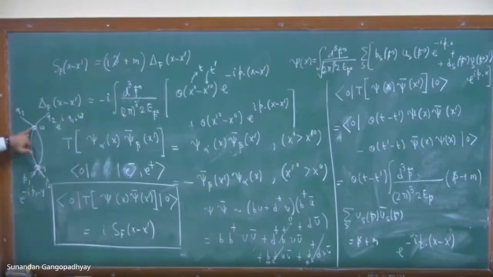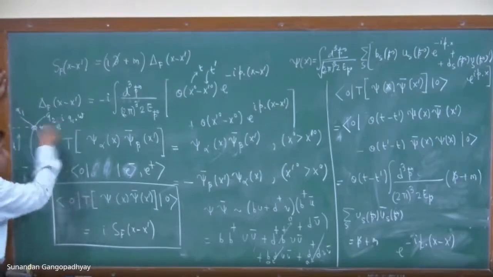This is the time direction. If I separate it by planes, this line is on the upper side of the plane and this line is on the lower side. On the lower side I use this plane wave, the incoming one. For the outgoing wave, I use the plus sign.